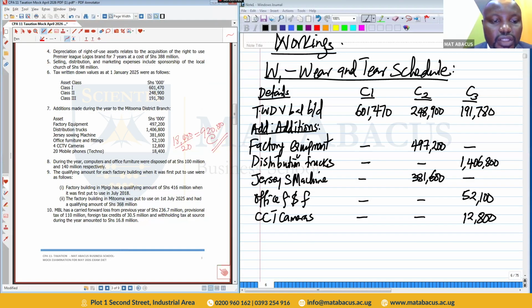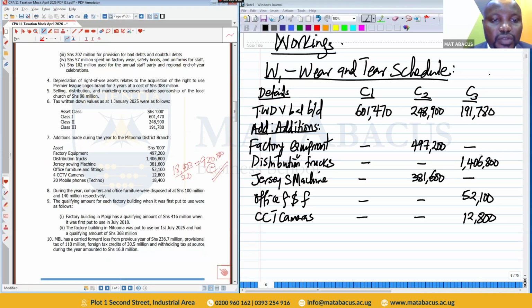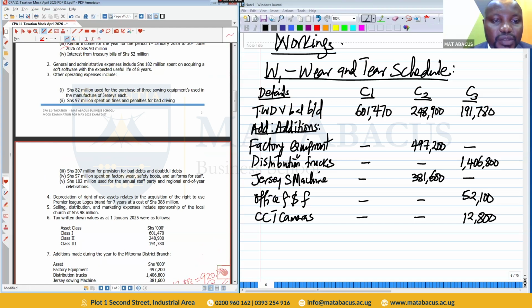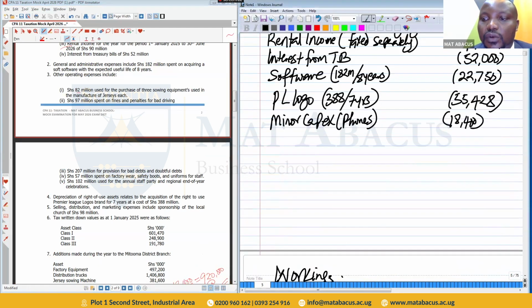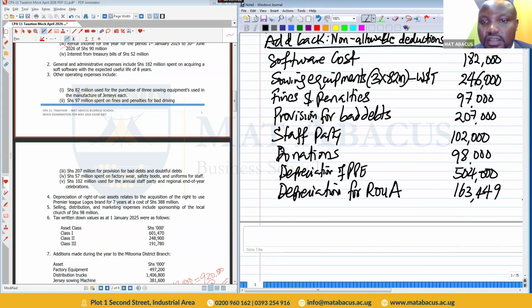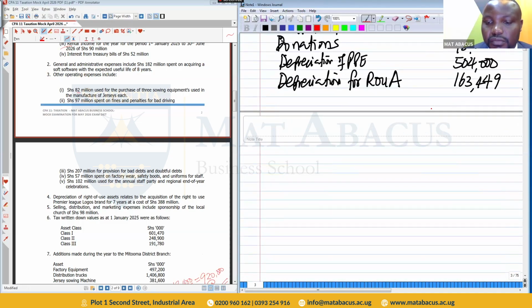Before you continue, there is this asset that we had put up here as a capital expenditure. Remember, when we were up here, we added the asset. It is where the software cost of 182 is. The sewing, this one here, 246 as sewing equipment.